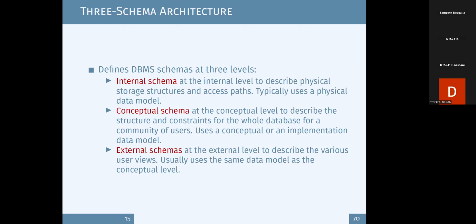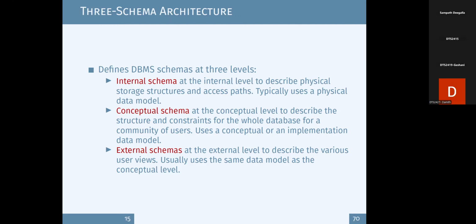So when you talk about the three schema architectures, ideally we talk about the database management system in three levels. So we have the internal schema, that means physical storage structures and access paths. Remember, you talk about something called indexing, how you actually store the data when you want to access a particular piece of information. So they use a physical data model.